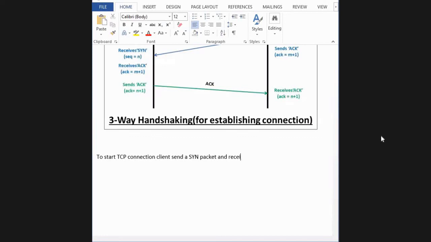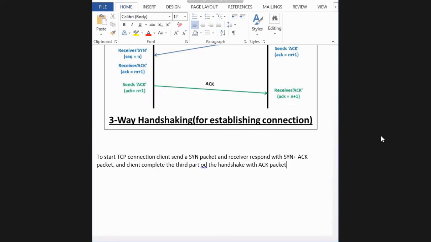And the client completes the third part of the three-way handshake by sending the acknowledgement packet, the ACK packet.